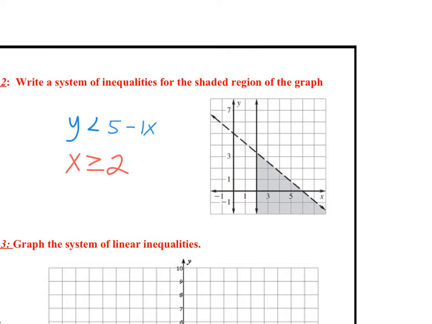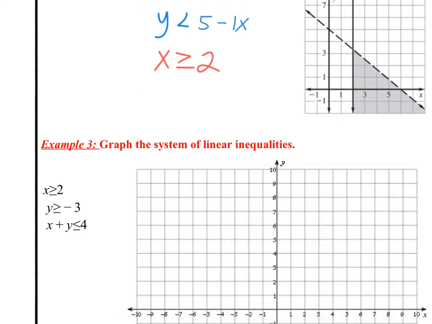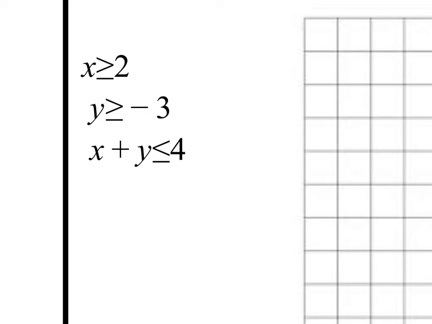Okay, last one. I'm going to help you rearrange the last inequality, and then I want you to try it. Okay? You just graph each one, shade appropriately, and find where they overlap. So we've got x plus y is less than or equal to 4. Isaiah, how do I get y by itself? So if we subtract x, then really this equation is y is less than or equal to 4 minus x.